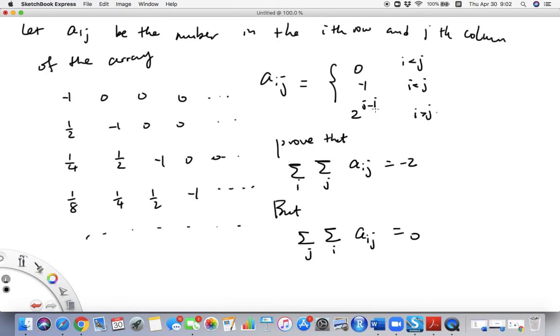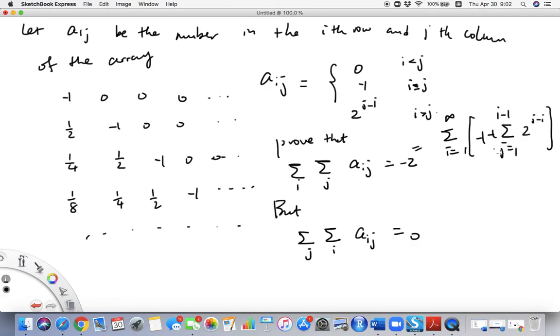So for the first sum, this is equal to the sum over i from 1 to infinity of the sum of Aij, so we are summing over j, right? We have minus 1 when i is equal to j, and then for j from 1 to i minus 1, we have 2 to the j minus i.